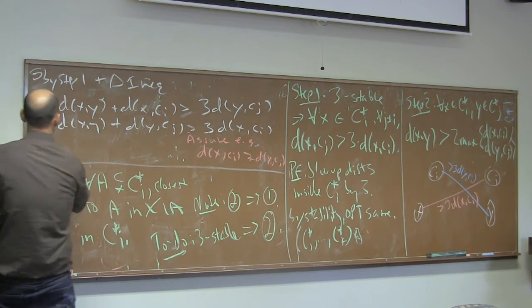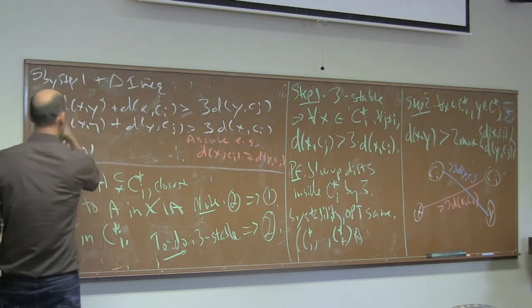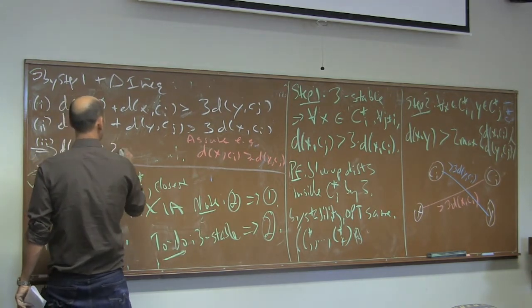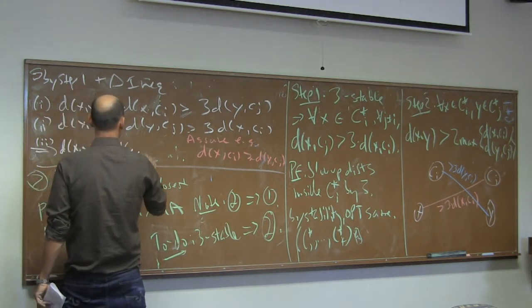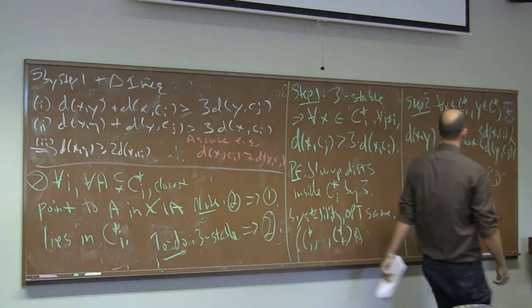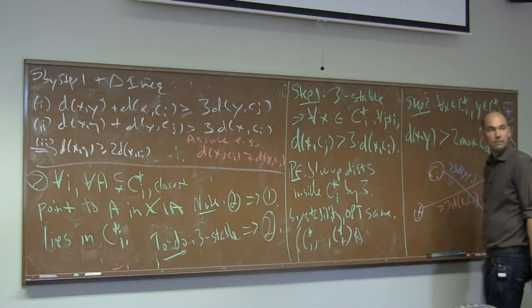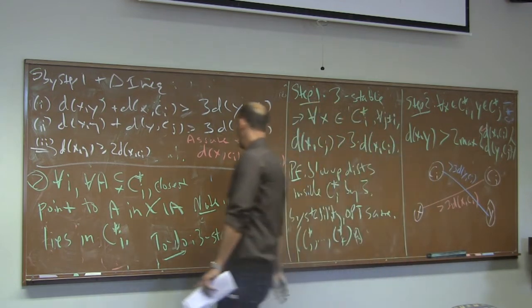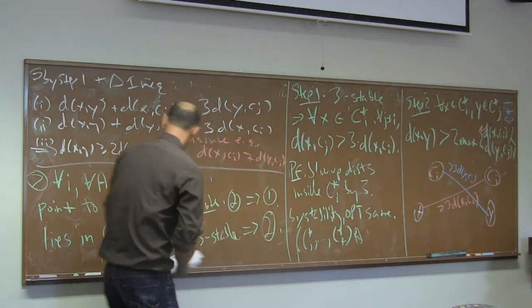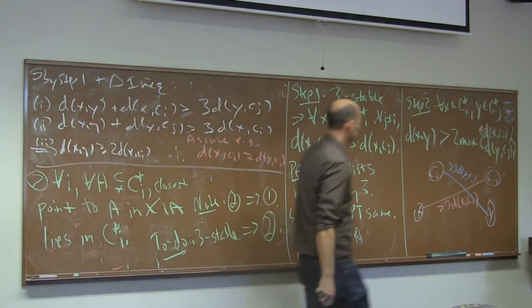So we get d of xy, from 2 with this assumption, is at least 2 d(x, Ci). But then d(x, Ci) was bigger than d(y, Cj), so we fit the other one too.